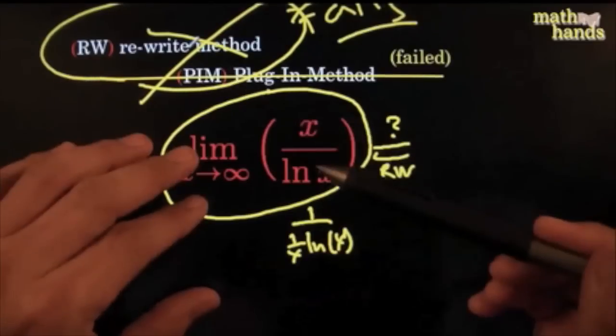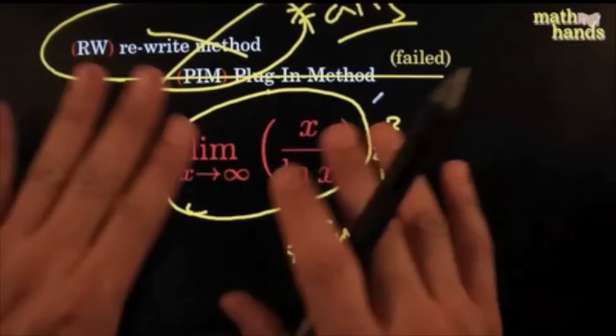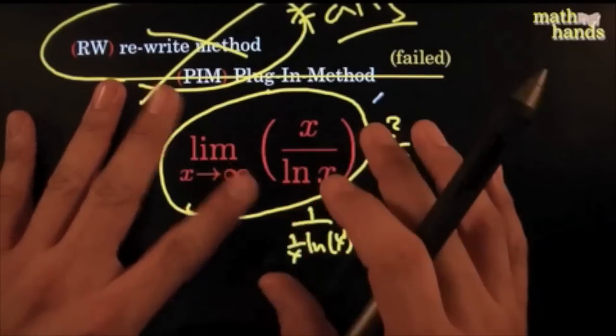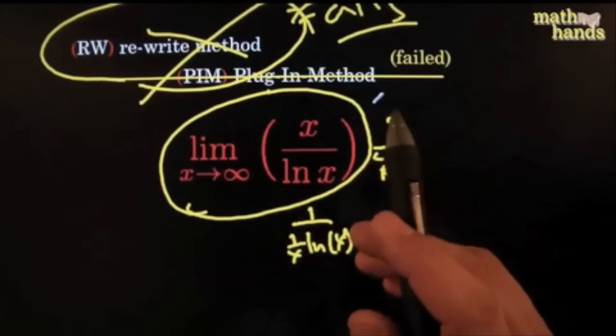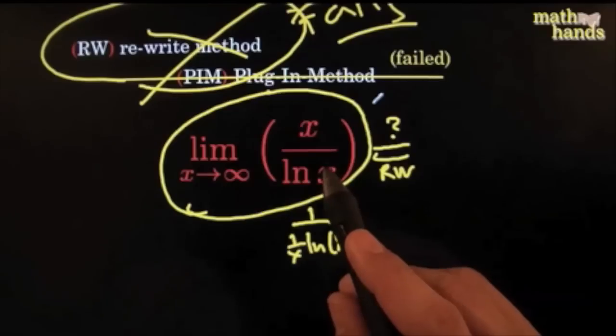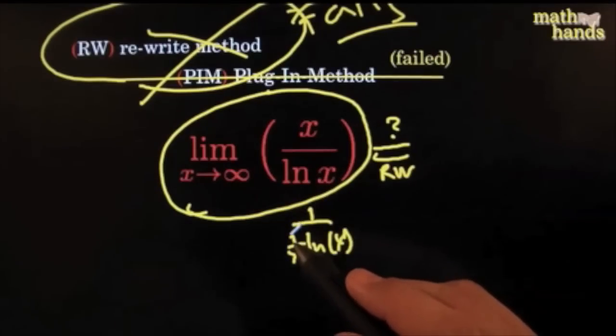Why? Because it's hard to rewrite in a way that is helpful. So the moral of the story is that not all functions are easy to rewrite in a way that's helpful, which shows the limitations of the rewrite method. Okay, that's the rewrite method for you.